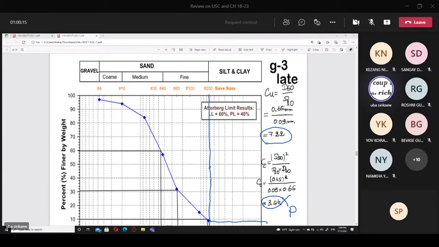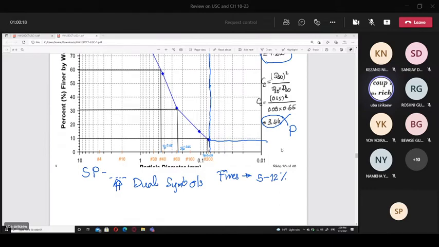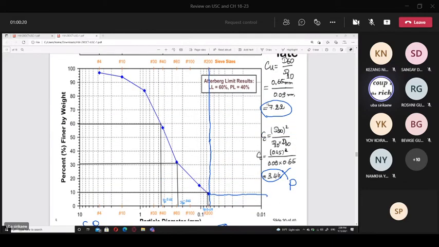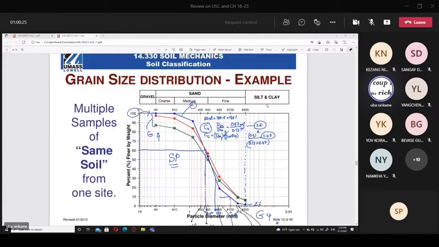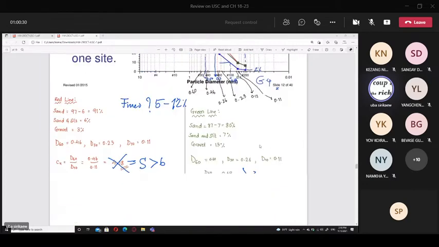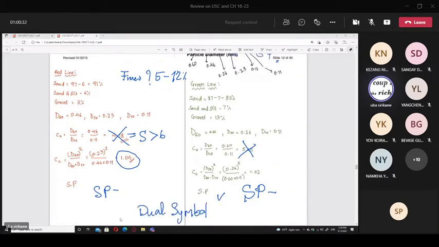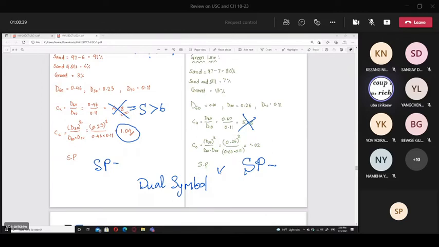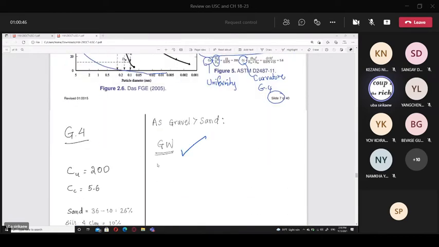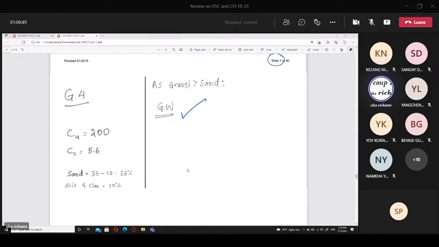You gave me only the CC and CU, but you didn't give me the answer. For group number 4, you need a dual symbol, but you did only SP, no dual symbol, only SP. For group number 4, you are correct, GW.